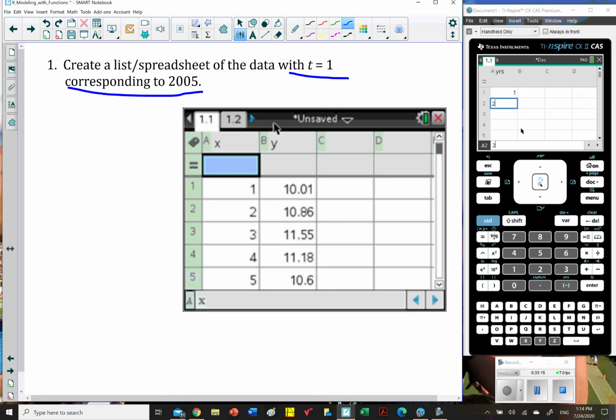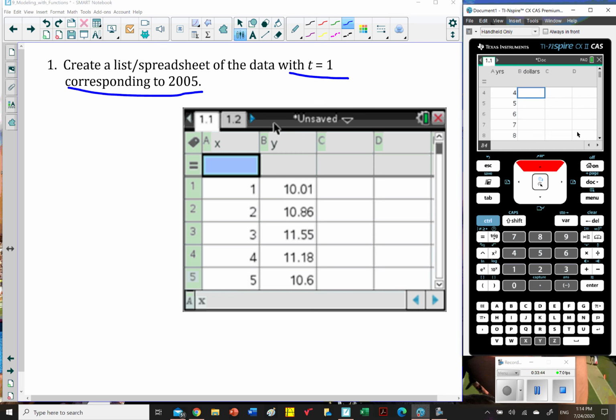So we're going up to what? 1, 2, 3, 4, 5, 6, 7, 8. And then go back up to your B column, and this is going to be dollars.